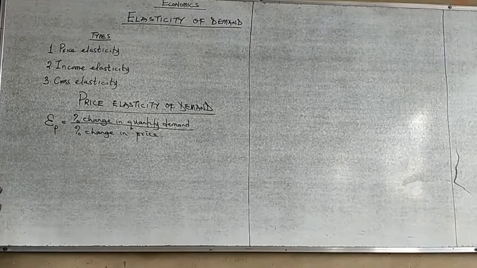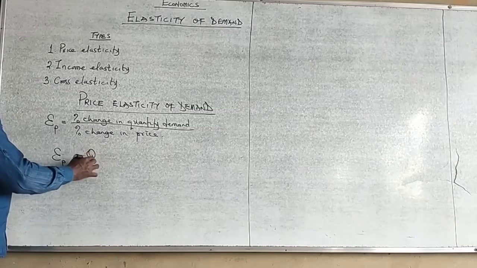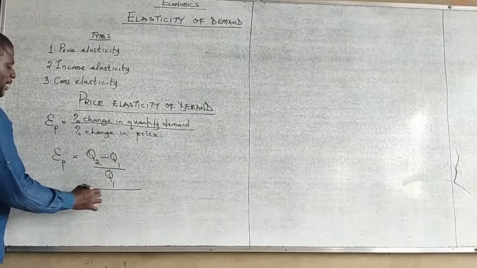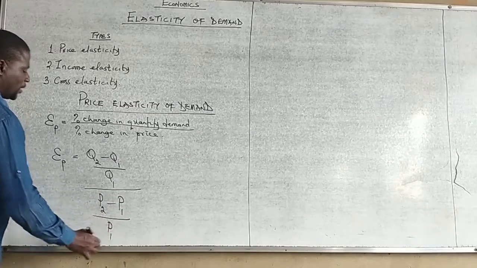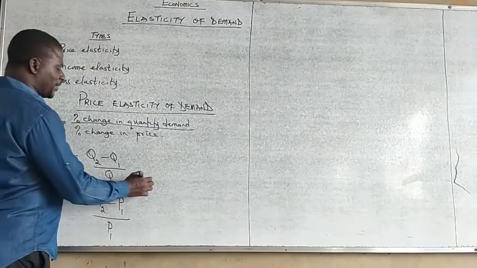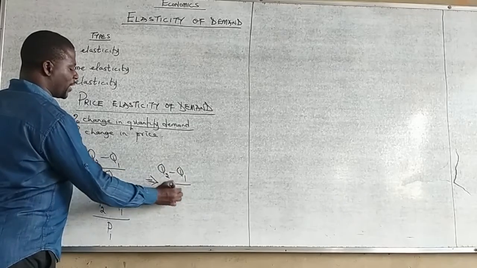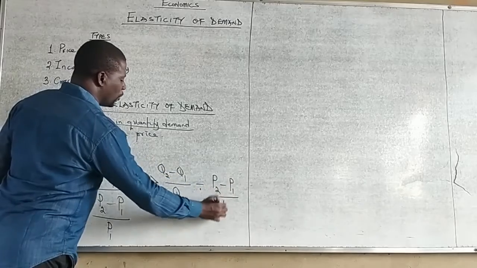So if you want to write this in another way, our elasticity is Q2 minus Q1 over Q1 divided by P2 minus P1 over P1. And of course, you can rewrite this as Q2 minus Q1 over Q1 divided by P2 minus P1 over P1.